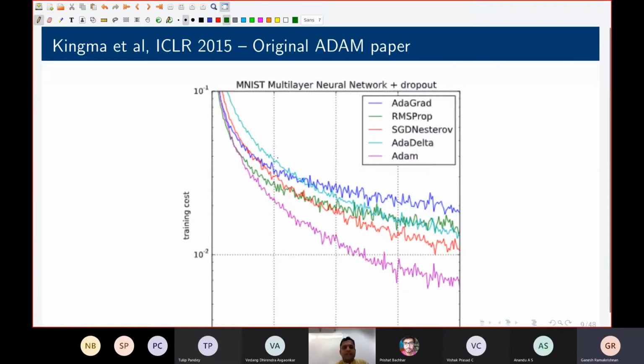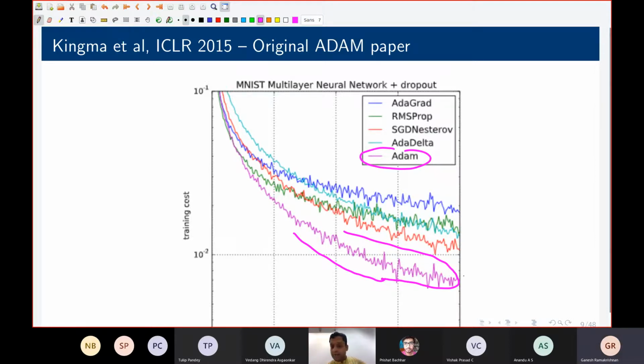For example, on the MNIST data set with a multilayer neural network plus dropout, it was found that Adam has very quickly diminishing training cost. The one in pink here is Adam, and it is doing pretty well. How do AdaGrad or RMSprop do?